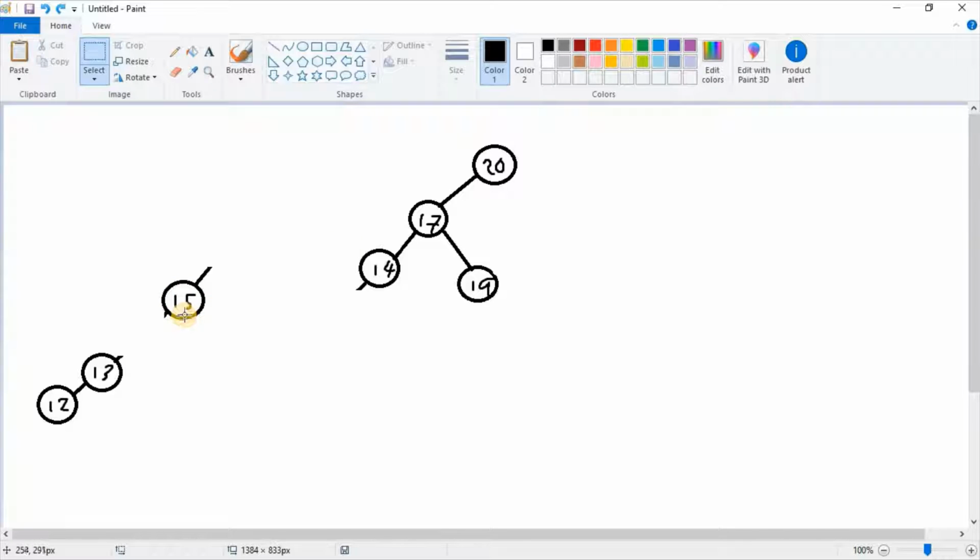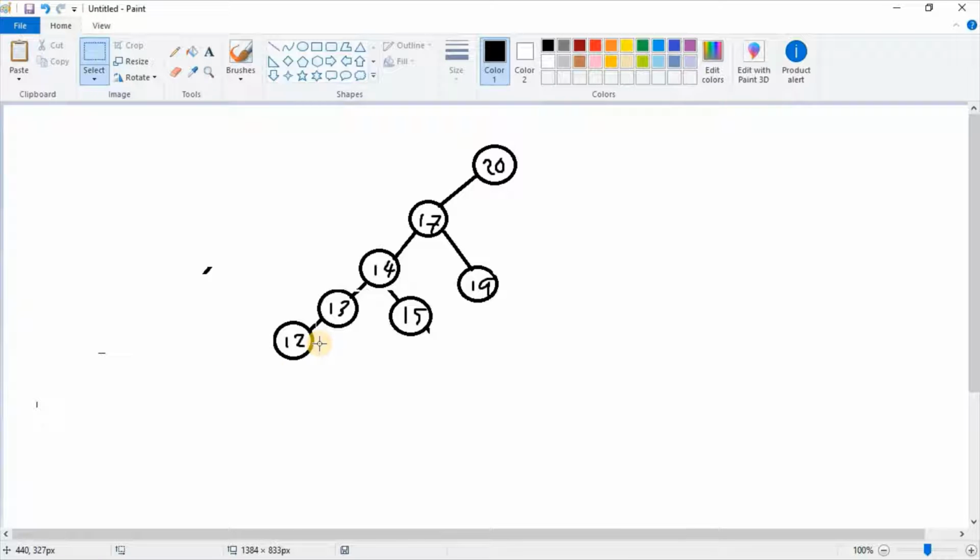Since 15 is greater than 14, we're going to keep it on the right side. And then we got 13, which is lesser than 14, so we are keeping it on the left side. And now we have got 12, which is still lesser than 13, and we are keeping it on the left side. So how did we do this?